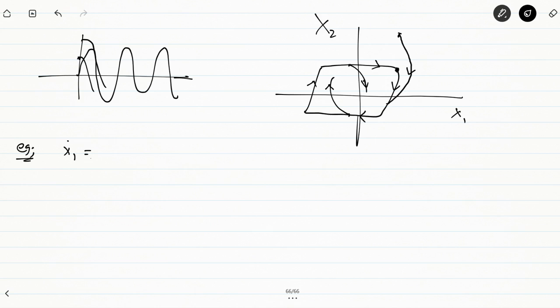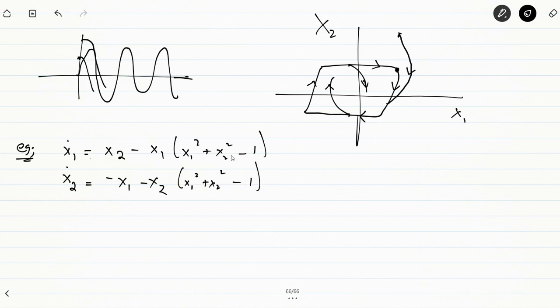You have x1 dot, first case: x1 dot is equal to x2 minus x1 (x1 square plus x2 square minus 1). x2 dot is equal to minus x1 minus x2 (x1 square plus x2 square minus 1).